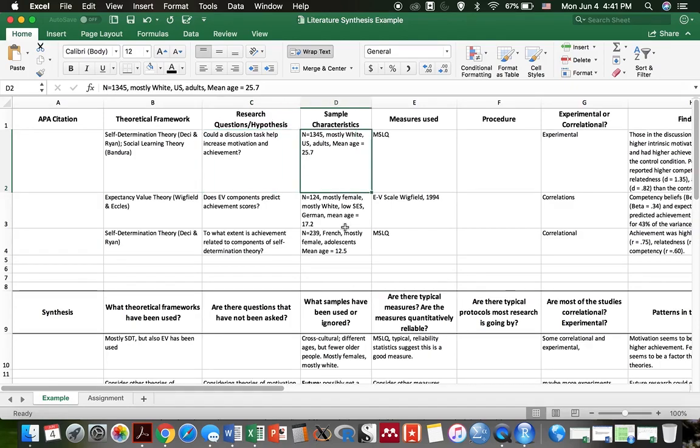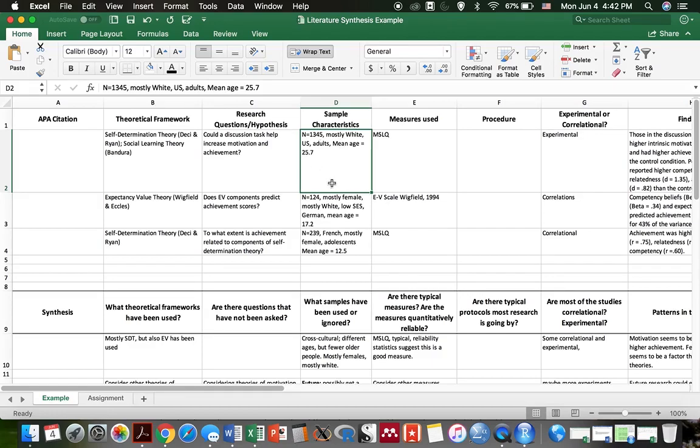The sample, they should be telling you how many people are in the sample. They should give you an idea of, is this sample from the US? Is it from Japan? Is it from China? Is it from Korea? There should be specific characteristics mentioned so you know which groups have been studied, because the findings might be different based upon the groups, and that might be a reason for somebody to study group differences.